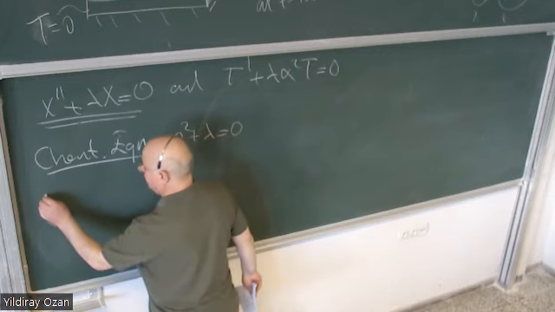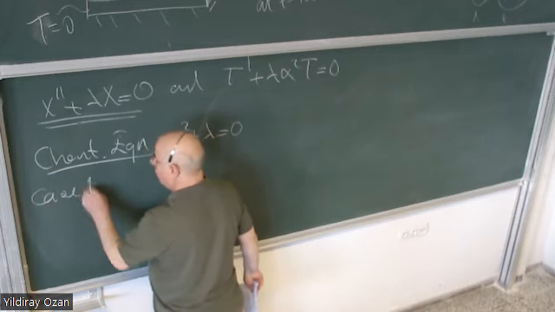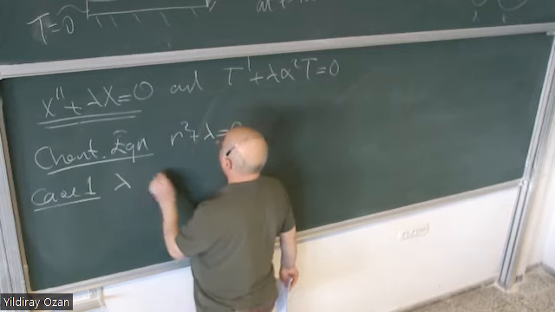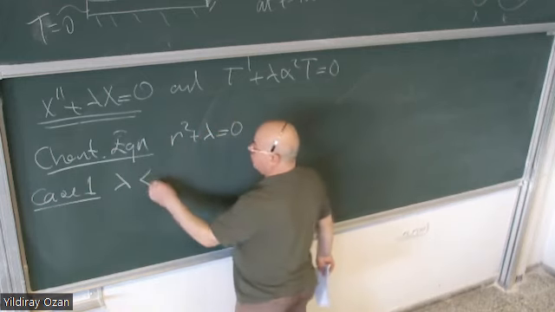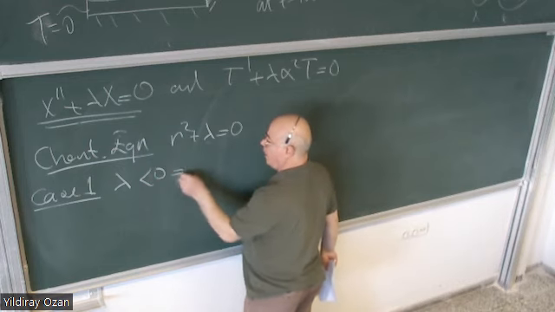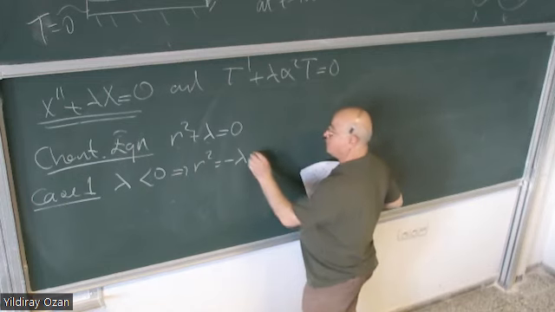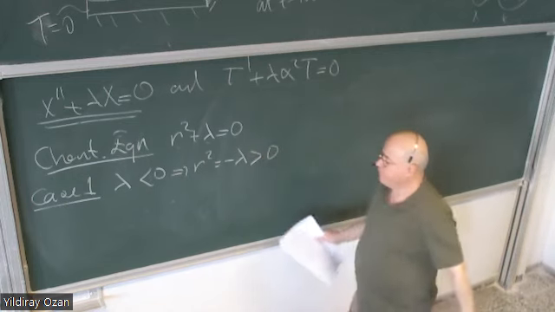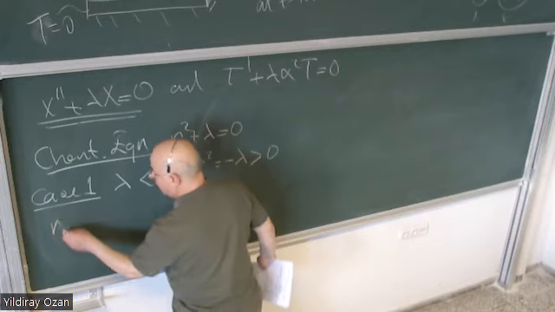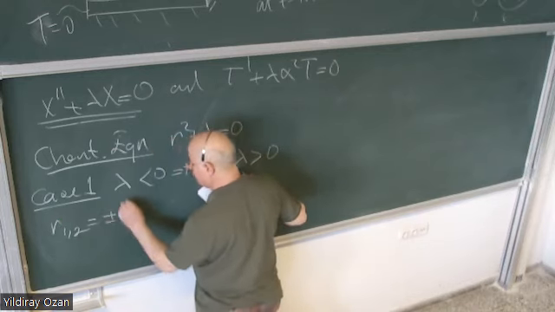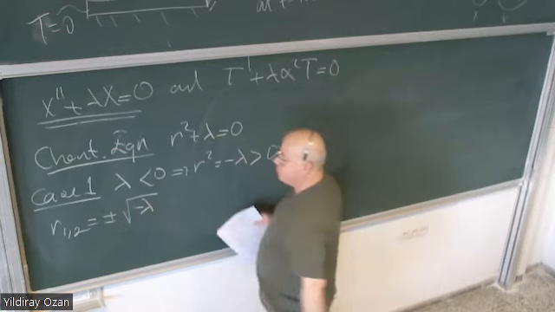First, let's see case 1. Lambda is, let's say, negative. So this means r squared is minus lambda, which is positive. Therefore, r1 and r2, the solutions, are plus minus these numbers.